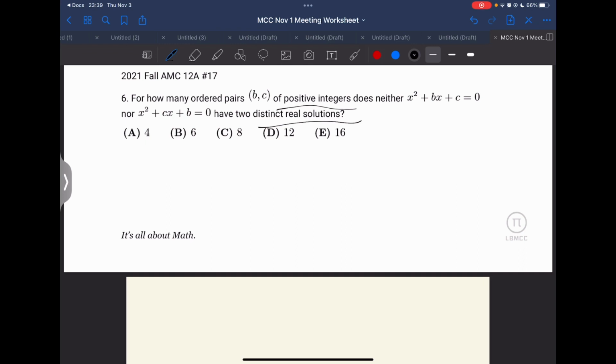And if you have learned about quadratic equations, we know that when delta is smaller than or equal to 0, the equation does not have two distinct real solutions. And the delta is given by b squared minus 4c.